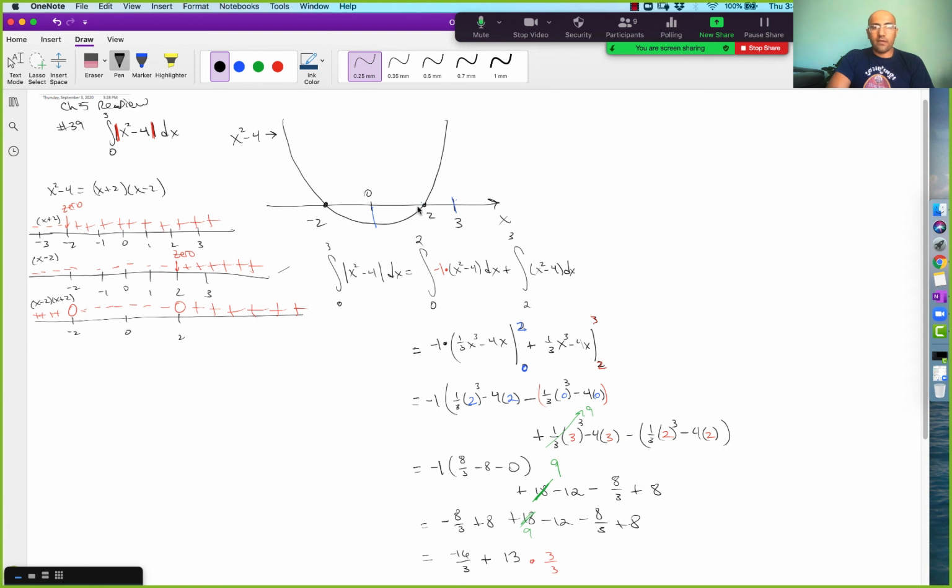Because it's the area. Here the outputs were negative, and the absolute value indicates that it's got to be positive. So I need to figure out what this area was and make it positive. Right? That's why we threw in that extra minus. Good. Questions?